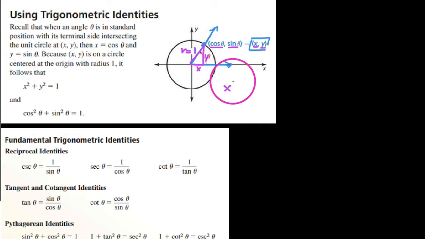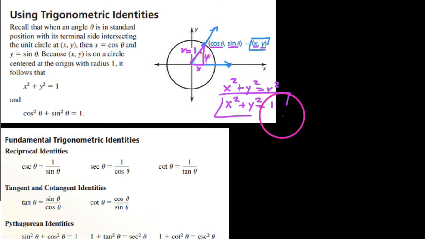It'd be pretty easy to state then that x squared plus y squared equals r squared. In this particular instance, we get x squared plus y squared equals 1 squared, and 1 squared being 1, this is very true.